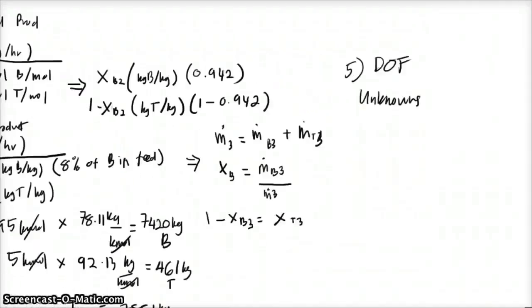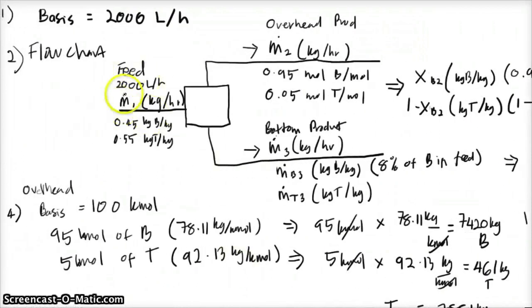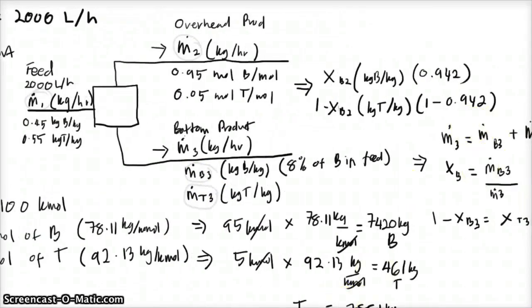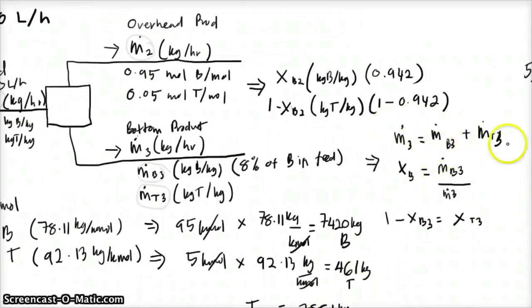Let's calculate it again. So we have M1, M2, and then what else? And then M3, which is MB3 and MT3, because this M3 is MB3 and MT3, so we just find these two and we can get that one, so that's solvable.